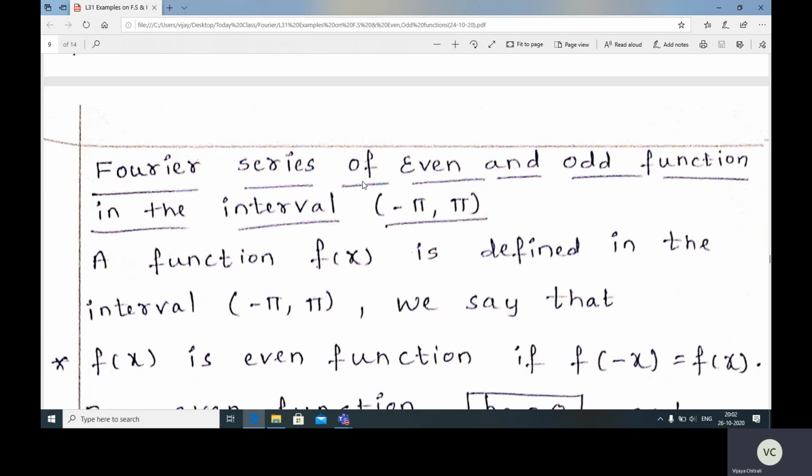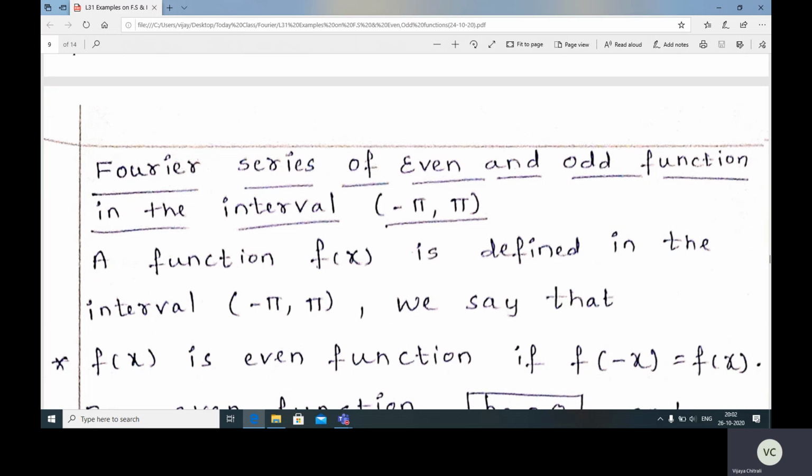And the second property: integration from minus a to plus a of phi of x dx is equal to 2 times integration from 0 to a of phi of x dx if phi of x is even, and this is 0 if phi of x is odd.